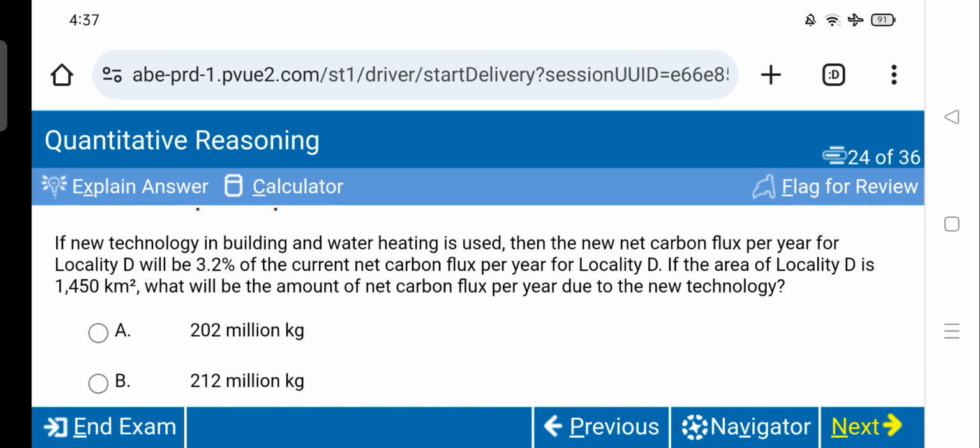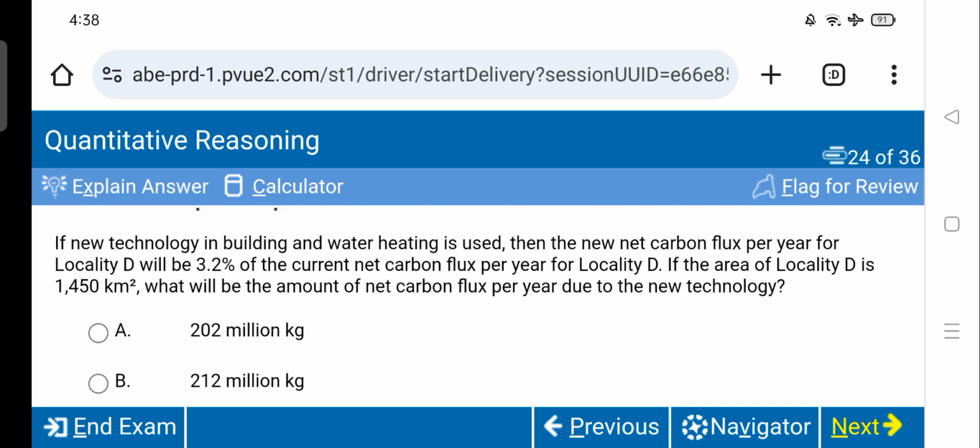The question is different, which says if new technology in building and water heating is used, then the new net carbon flux per year for locality D will be 3.2% of the current net carbon flux per year for locality D. So if the area of locality D is 1450 square kilometers, what will be the amount of net carbon flux per year due to the new technology?